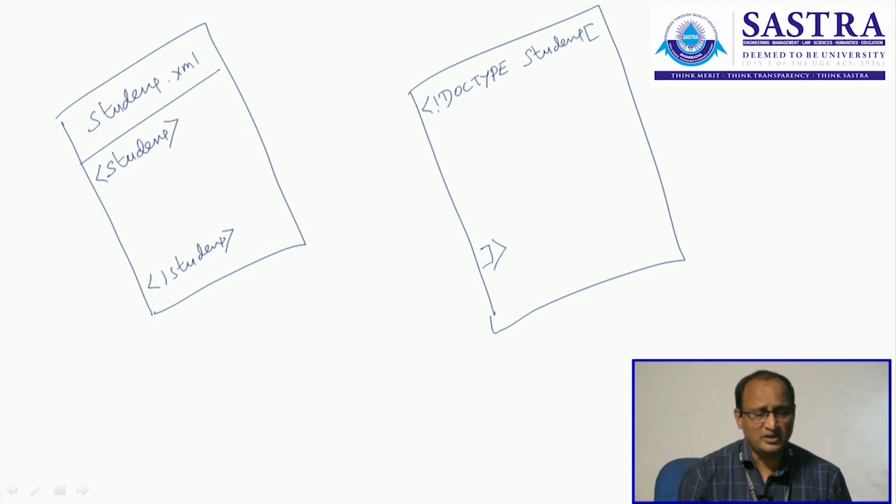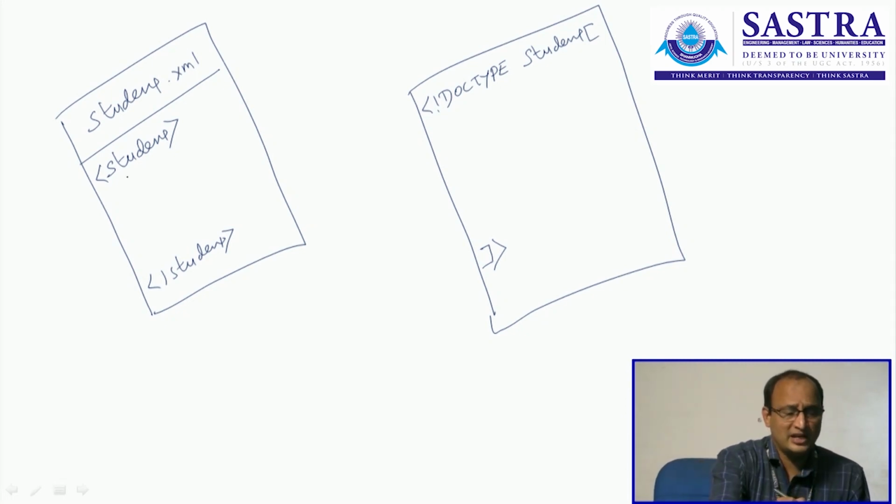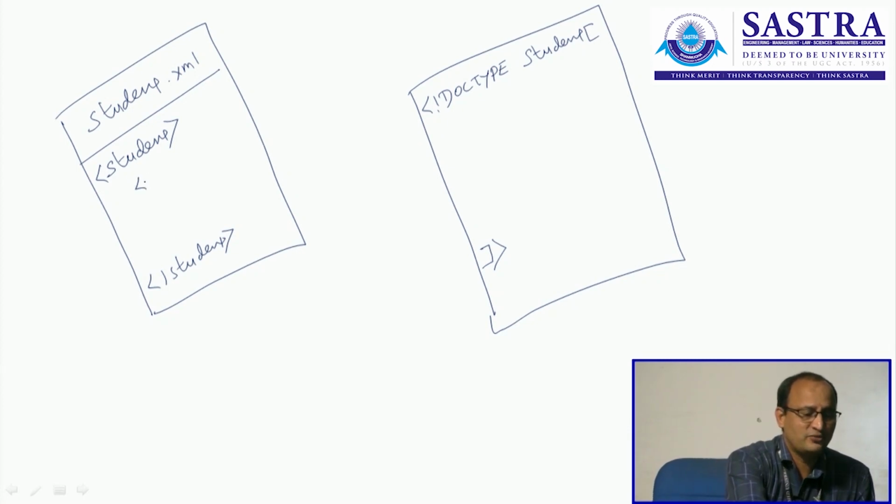In my XML document, first I need to identify the root tag. Yes, I have identified the root tag. And what are the child elements included in my XML document? Say for example, I would like to have roll number, then I would like to have name. These are closed properly.